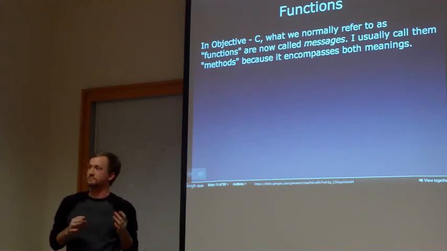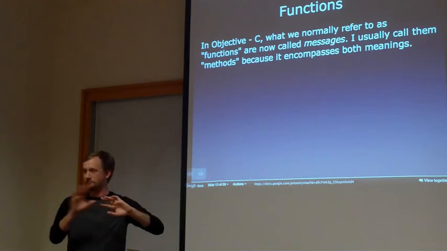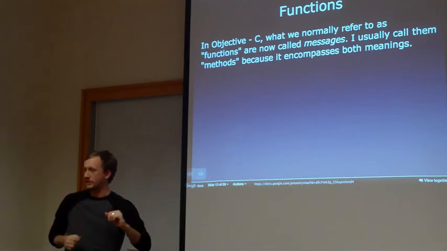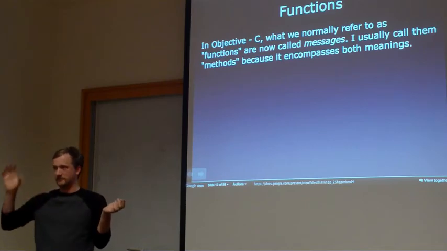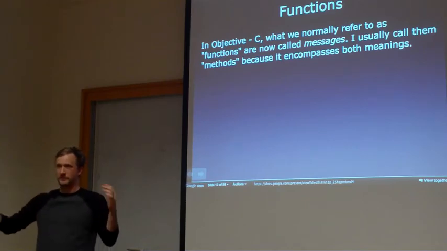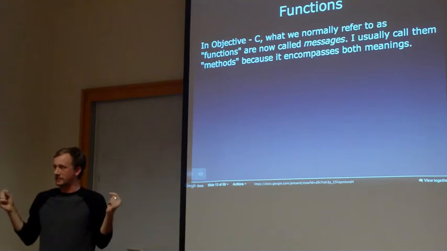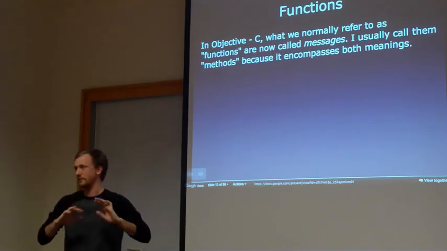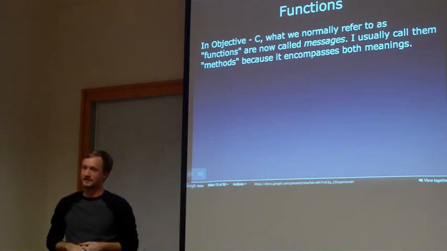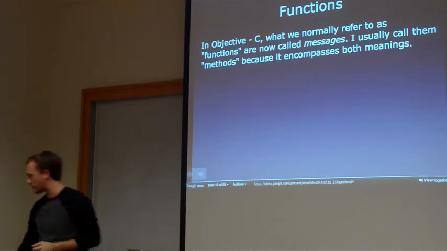Just like in Java, you've got object.function name. In Objective-C, you've got bracket, object, space, message. So you just look at your brackets as encapsulation of your object getting sent a message. That's pretty much how you're going to do it all the time. It's syntactically different, but it works just the same as a normal function.